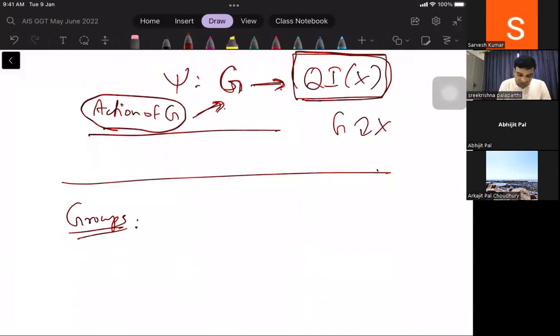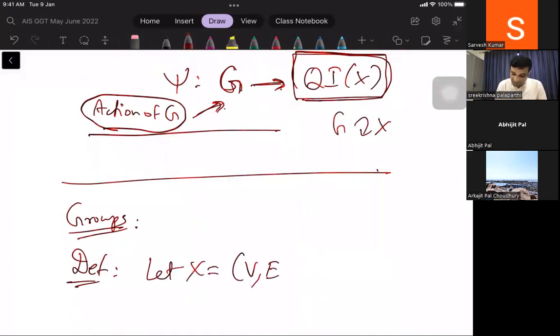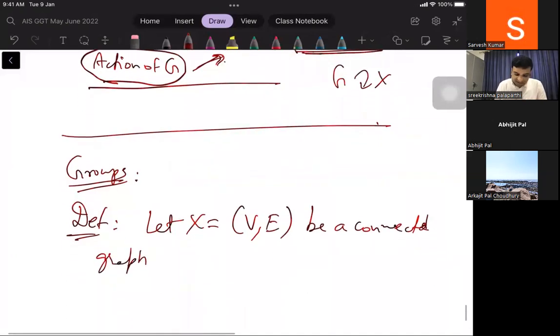Okay, so definition. Firstly, metric on a graph. Let X equal to (V, E) be a connected graph. Okay, we have Cayley graphs in mind.